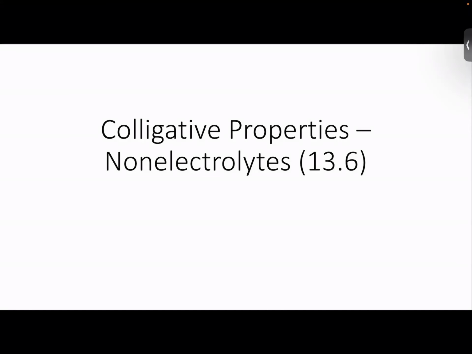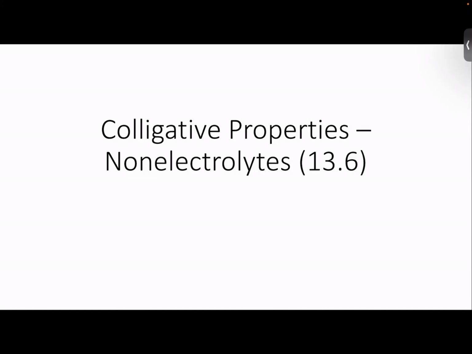Now, with these colligative properties, you're going to have to answer some key questions. The first question you need to ask yourself when you're dealing with a colligative property is, is this a non-electrolyte or is this a strong electrolyte? Because we're going to treat those 2 categories differently.